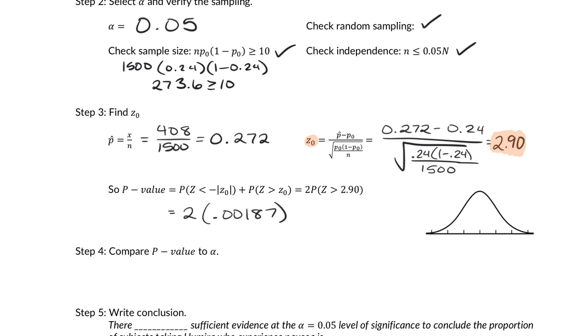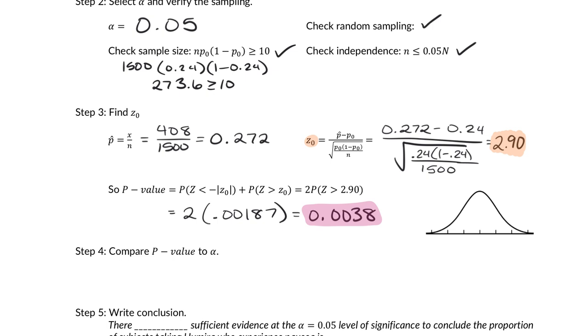So we're doing 2 times 0.00187. We got this number from your pink table. And we would get 0.0038. That is our p-value.